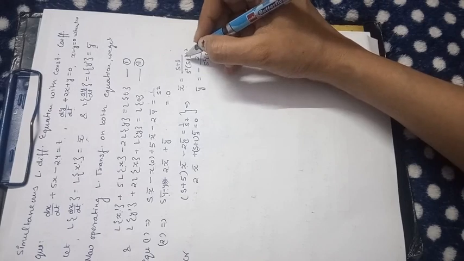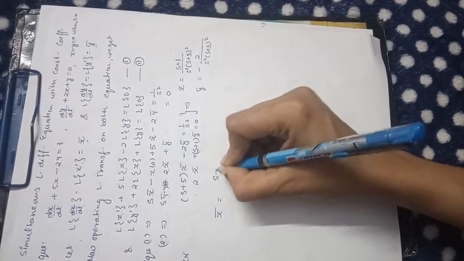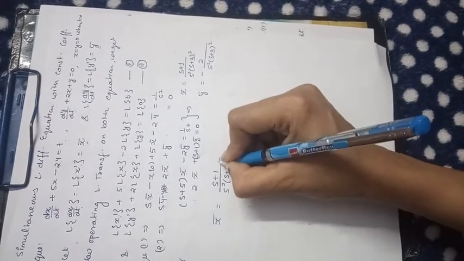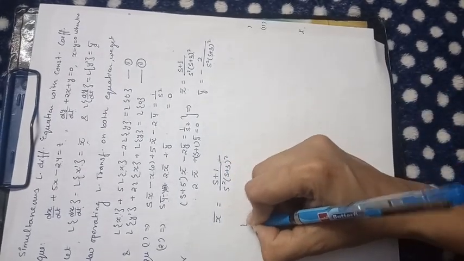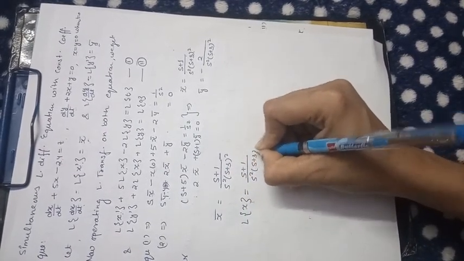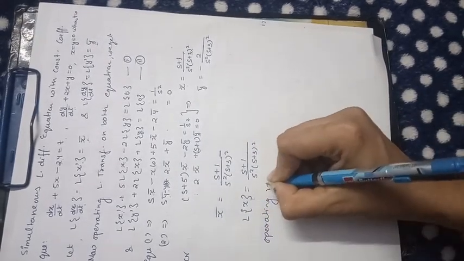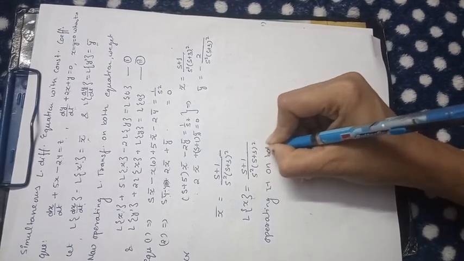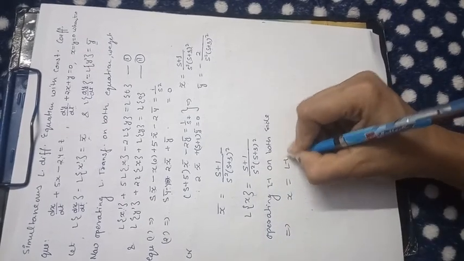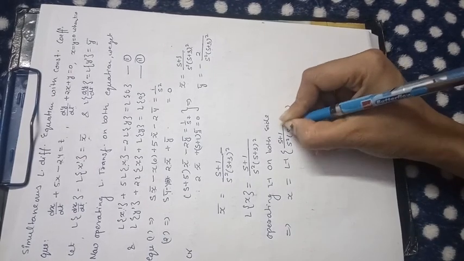Now the same problem here. We have to find the value of x and the value of y. As x bar = (s + 1) upon s square (s + 3) whole square, x bar is the Laplace transformation of x. Now operating L inverse on both sides, this implies x = L inverse of (s + 1) upon s square (s + 3) whole square.